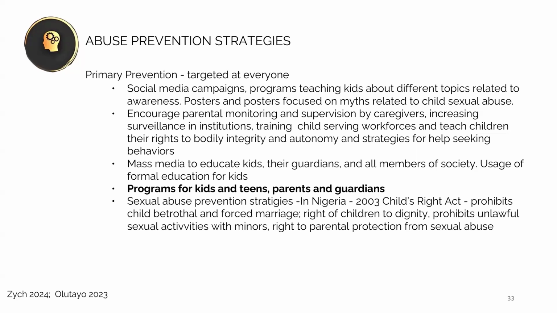When we're talking about child abuse prevention, it's tiered into primary prevention, secondary prevention, and tertiary prevention. Primary prevention focuses on the general population, just like this training today, where everyone is included and getting the same information. Secondary prevention strategies are for people who have identified risk factors to be abused or to be perpetrators.